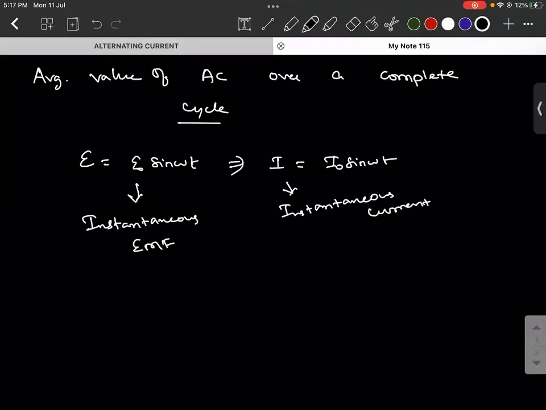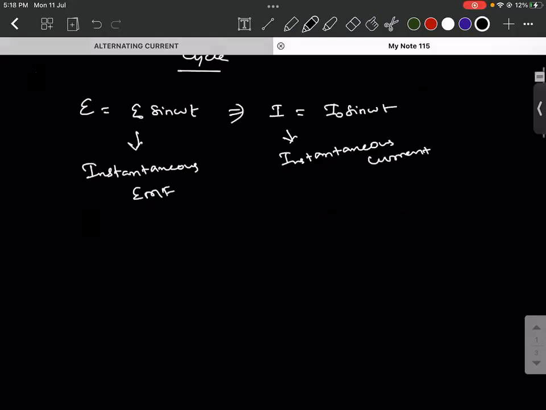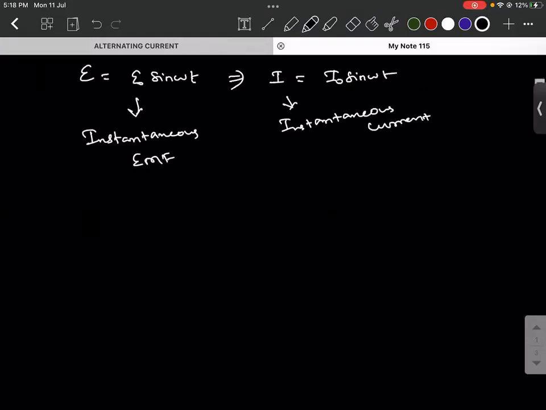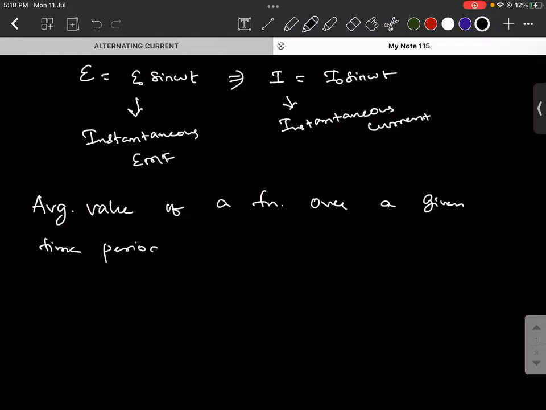Now the point is, how do I find the average value of a function over a given time period?